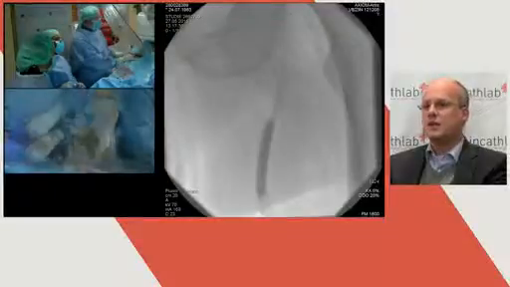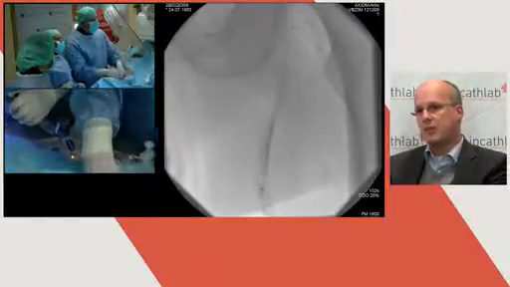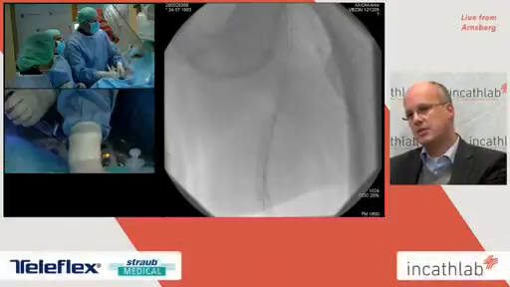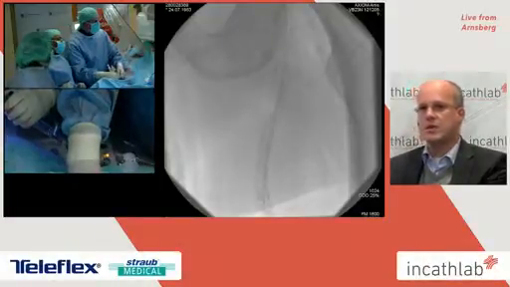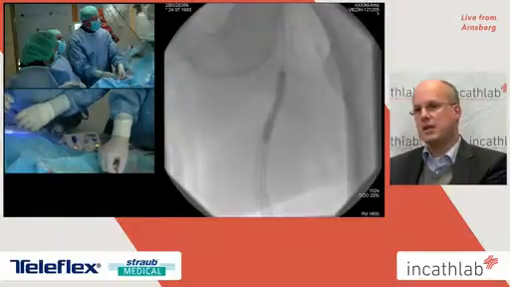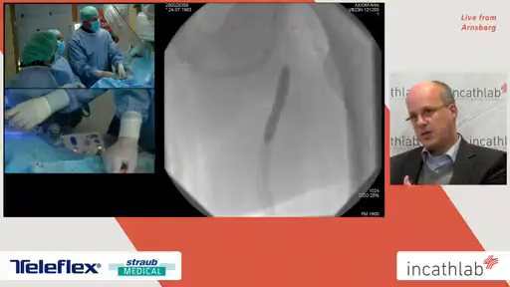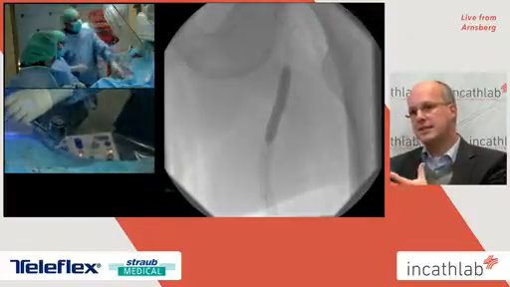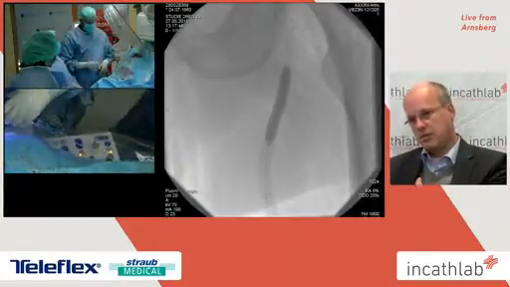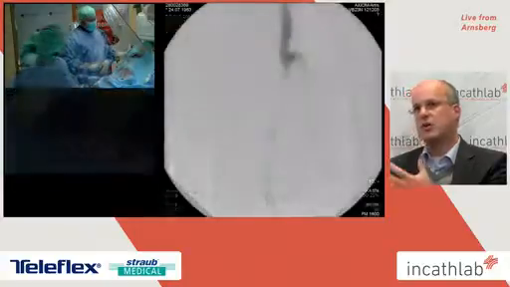So what you see now is that we implanted a stent in the proximal part, at the proximal anastomosis. The reason was that there was a high-grade stenosis, and when we inserted the Rotarex catheter, the catheter was not able to really suck blood and thrombus because of no inflow.